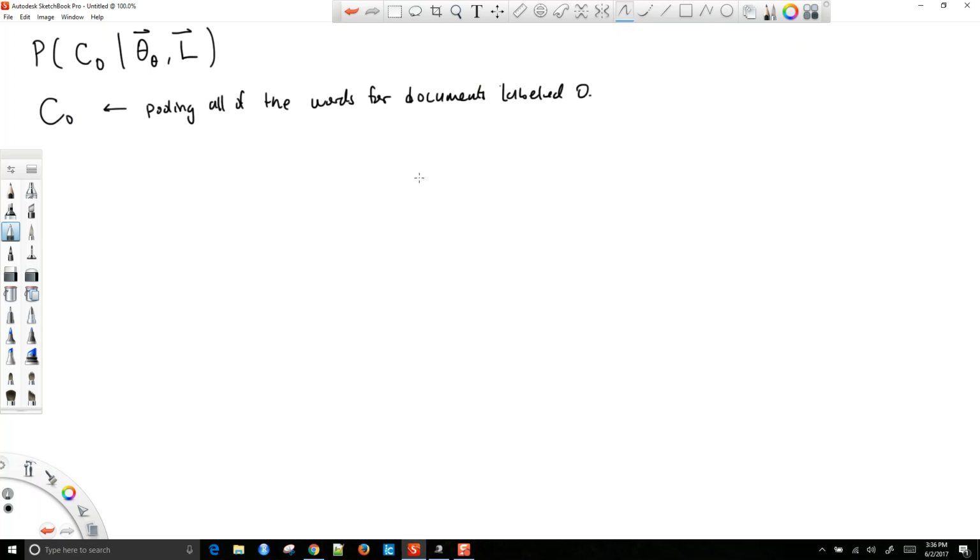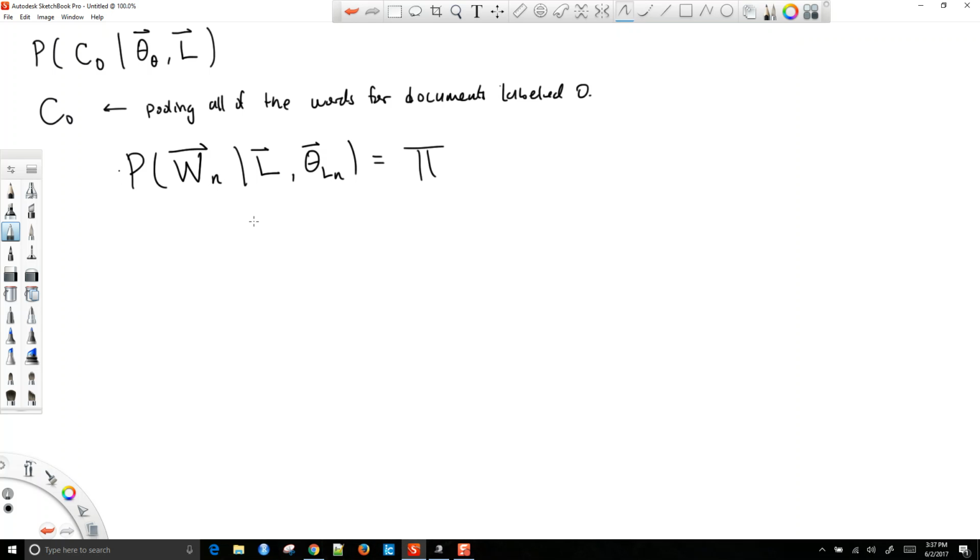Okay, and so if we just talk about the words in one document, given its label and the vector of word probabilities according to that label, okay, this is going to be the product.